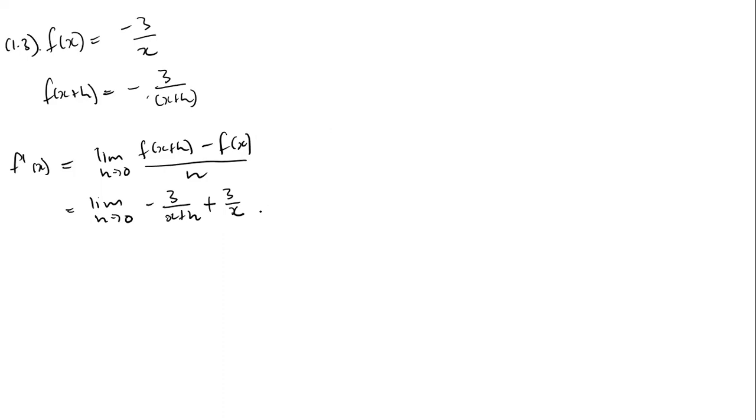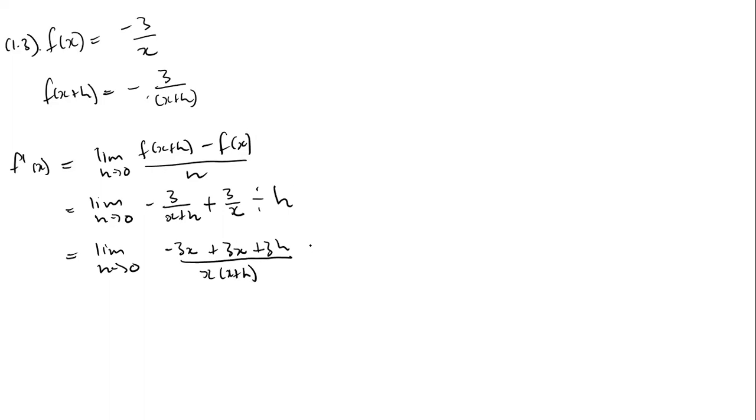Now this division line, I'm going to write it over here, divided by h. And therefore, limit as h tends to approach 0, I'm going to multiply by the denominator. So -3 multiplied by x is going to be -3x, +3 multiplied by x. Sorry about that. It's going to be +3x, +3 multiplied by h is going to be +3h, divided by x multiplied by x plus h.